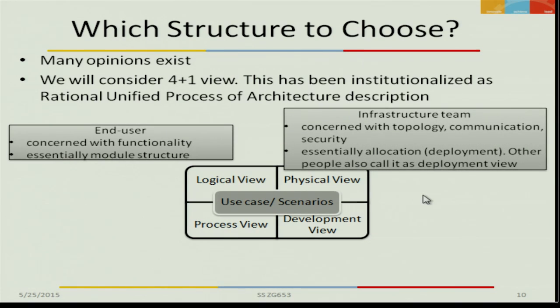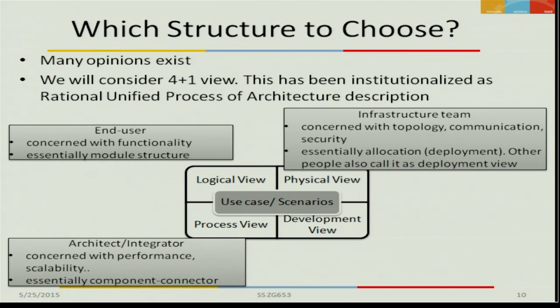Let us look at physical view. Physical view is essentially our allocation structure, and it is meant for infrastructure team which are concerned with topology, communication, security, allocation, or deployment. Sometimes people can call it as deployment view instead of physical view.